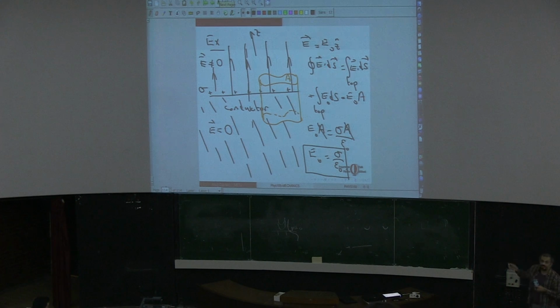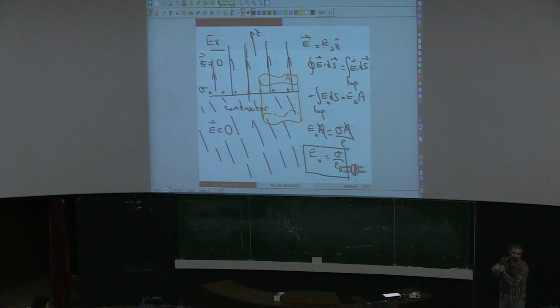Now, some of these areas are on the sides. So I have a very small area over here. The ds vector corresponding to this area is in this direction, perpendicular to that area, pointing from inside to outside. But my electric field is in this direction. They are perpendicular to each other, E and ds, for this very small area element over here.